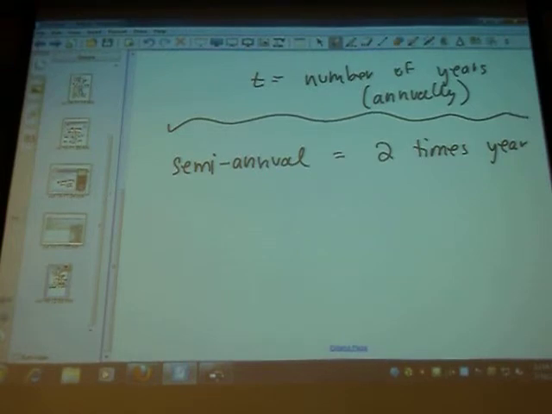I think we're used to annual, bi-monthly, and monthly. Also quarterly. Quarterly is 4 times a year, every 3 months.